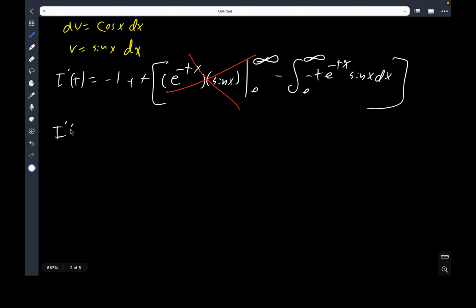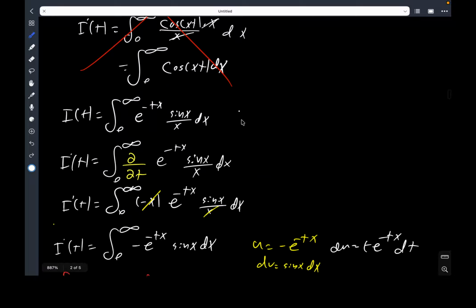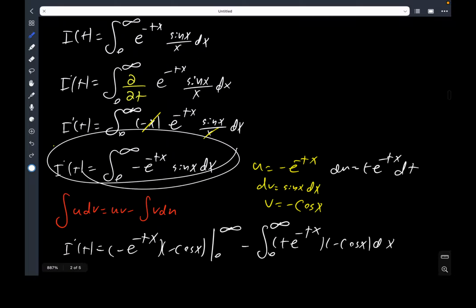And I prime of t here is negative 1 plus t times the integral of negative t, the integral from 0 to infinity of e to the negative tx sine x dx. And you might notice that this thing right here is the same thing that we had as our I prime of t.